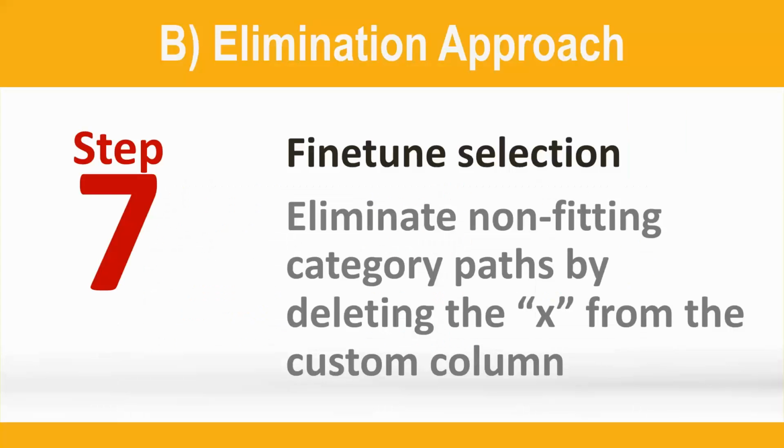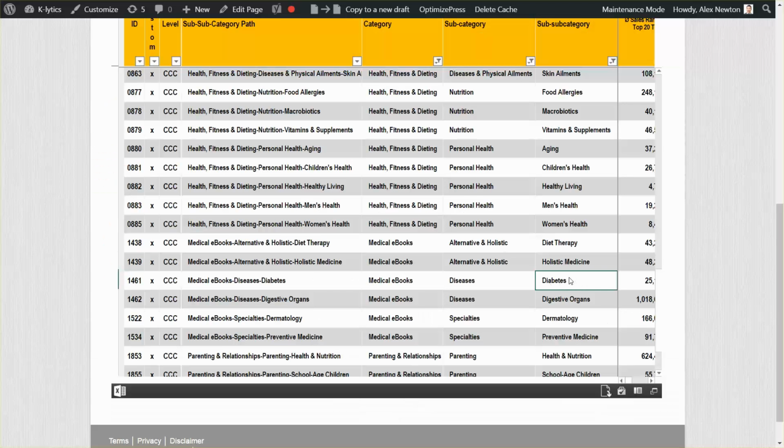Step 7 is to fine-tune the selection. You simply eliminate the non-fitting category paths, looking over the list and deleting the X from the custom column. Say you didn't want to have this in the list, you simply double-click here on the X and delete it.